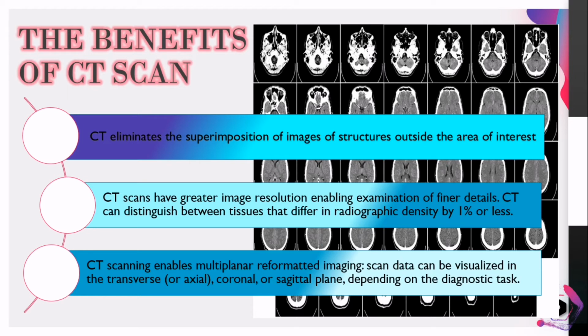CT scans have greater image resolution, enabling examination of finer details. CT can distinguish between tissues that differ in radiographic density by 1% or less. 3. CT scanning enables multiplanar reformatted imaging, where scan data can be visualized in the transverse or axial, coronal, or sagittal plane depending on the diagnostic task.